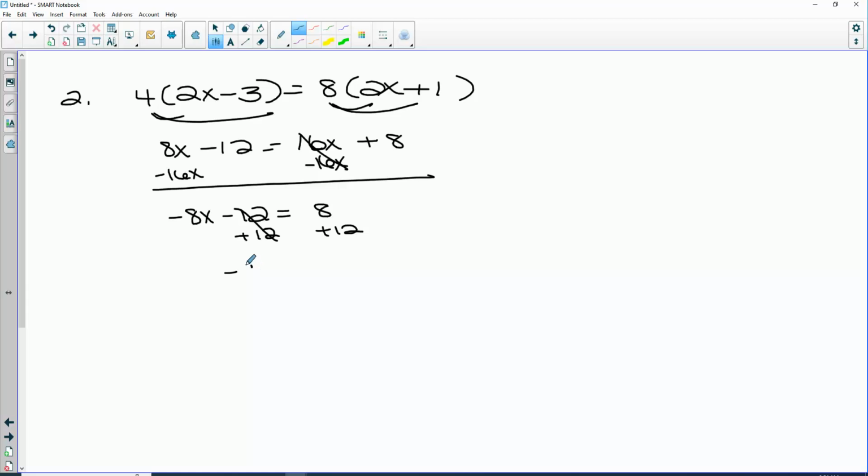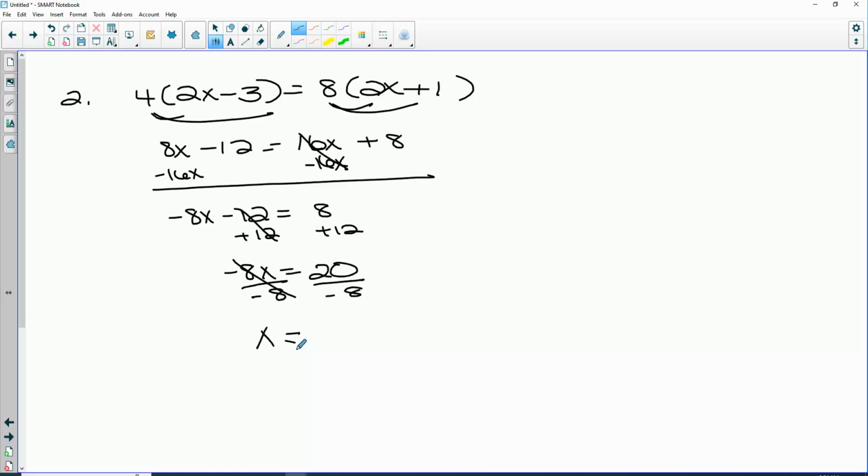Add over the 12. Then what? Divide by our negative 8. Okay, grab a calculator. 20 divided by negative 8 doesn't work out perfectly, but give me the fraction in lowest terms.